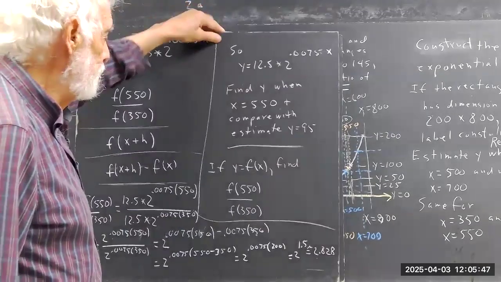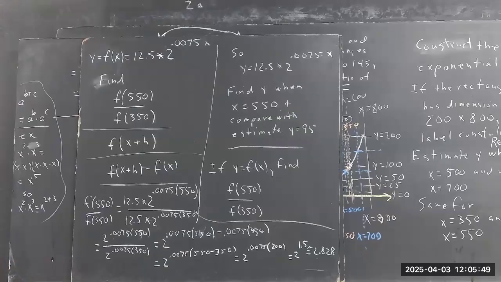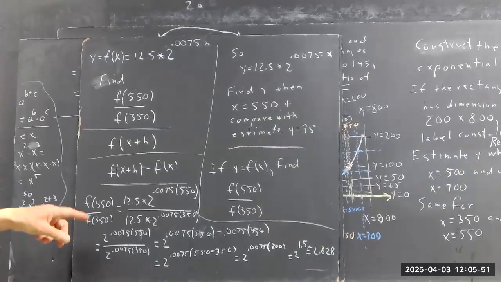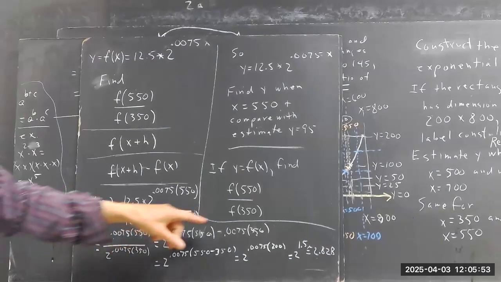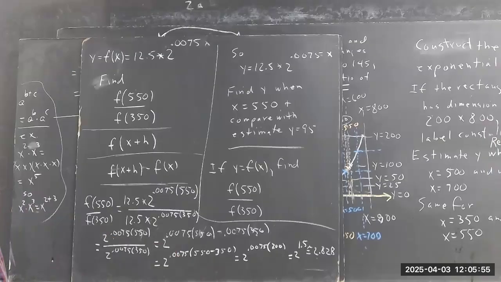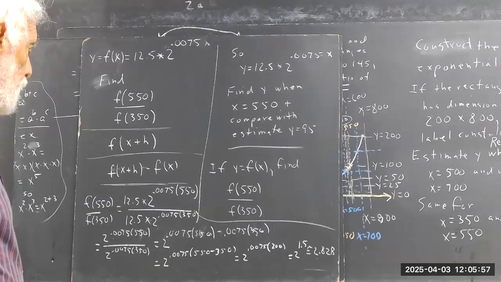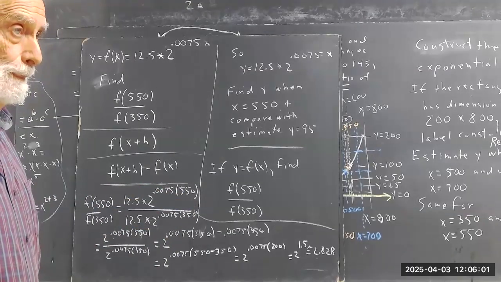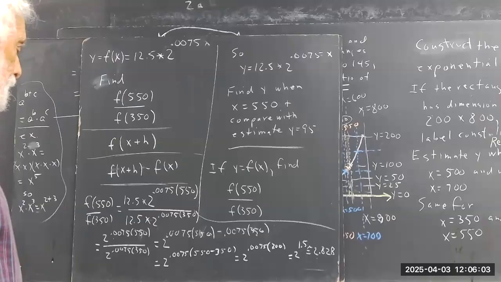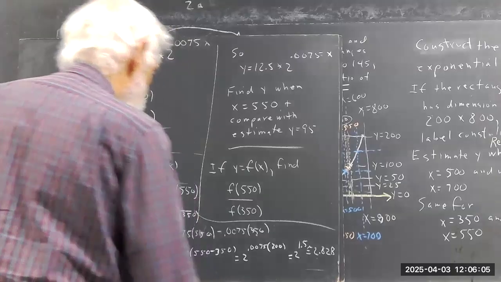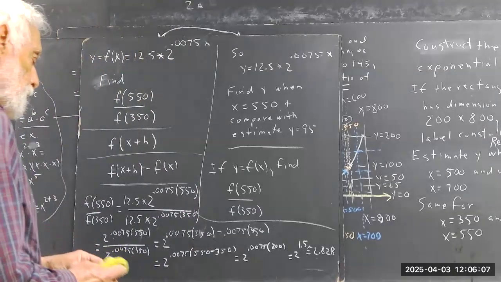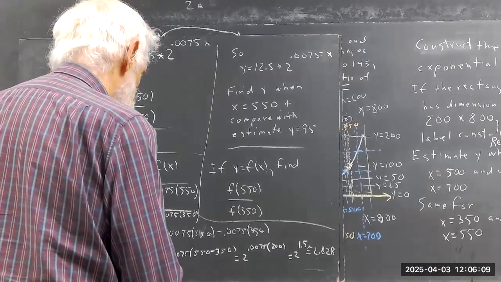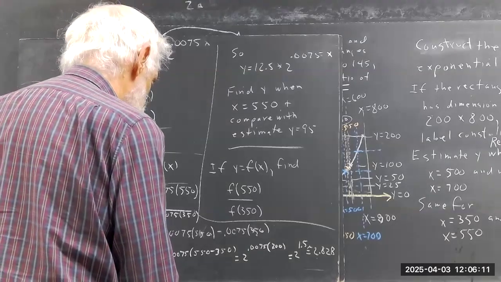More specifically, f of 550 over f of 350. Then you'd have 0.005 here times 550, right? Okay, so I'm going to write it out the way it should have been, and you can verify it using your calculator. I recommend you do that. It doesn't take long.